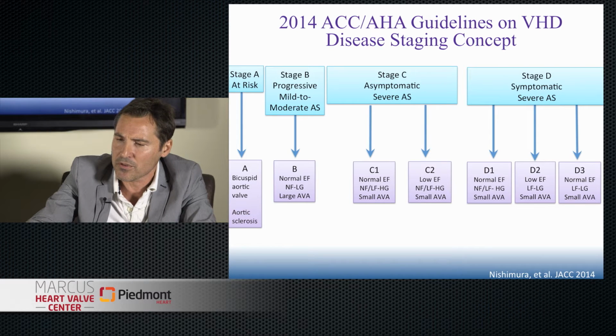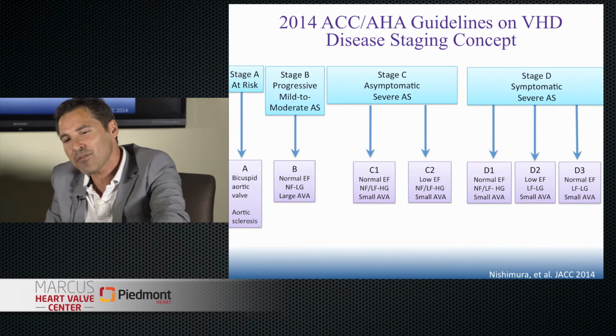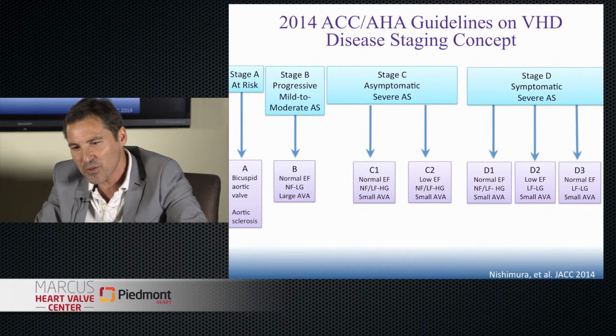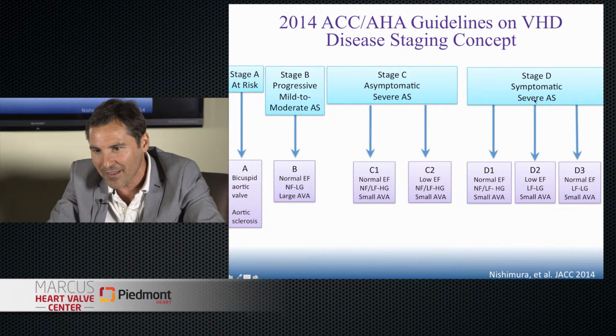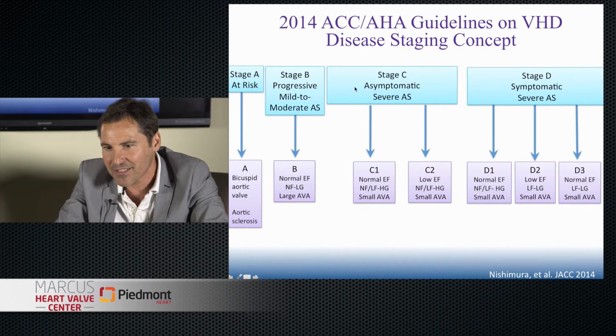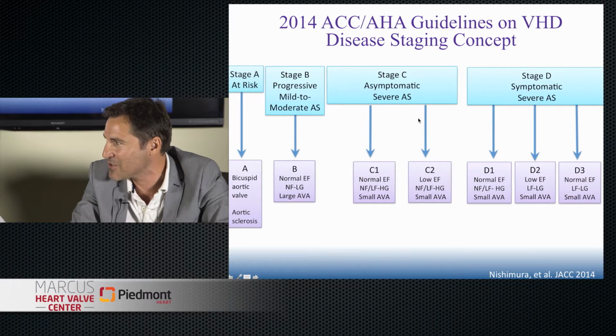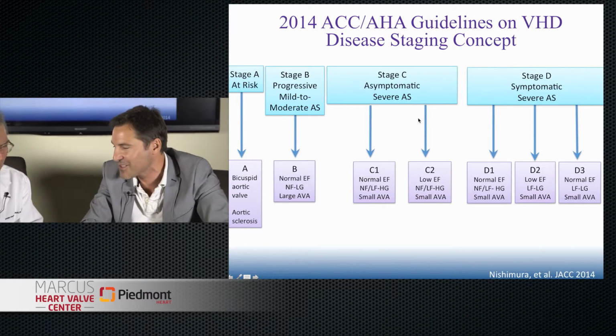If I had to redraw this, I would put this part up and this part down, because you can only decide which stage the patient is after having made the diagnosis. So you cannot start with the stage. It's a little bit tricky. The stages are a little debated among people. I understand.